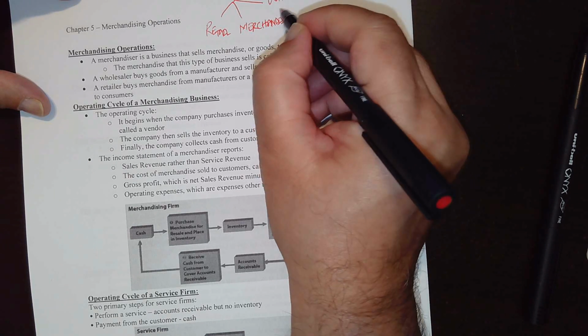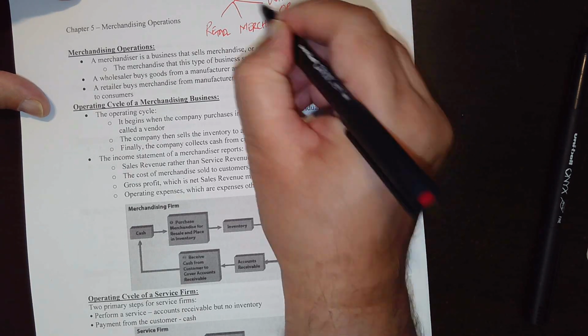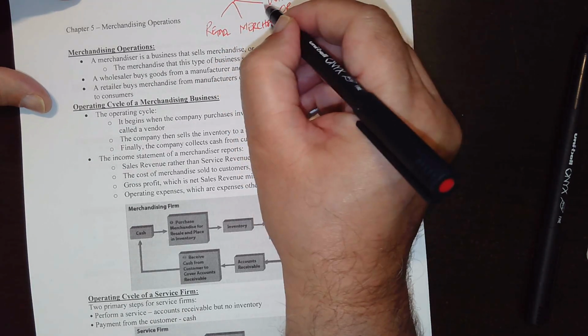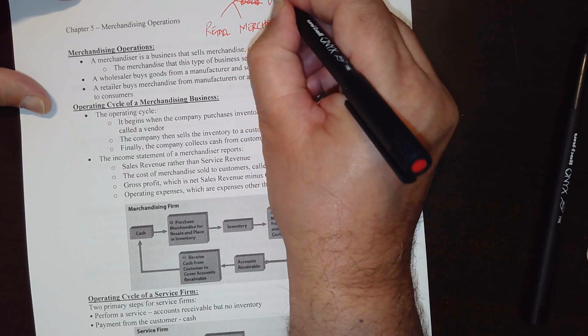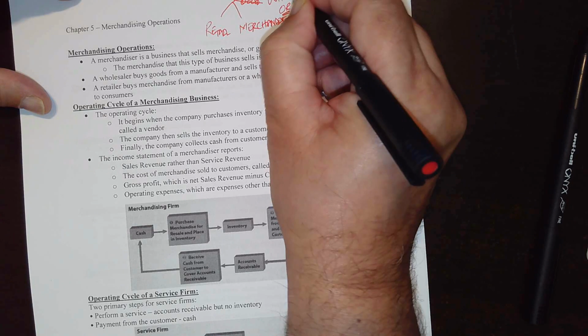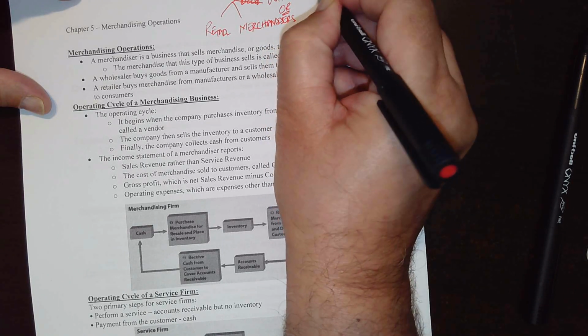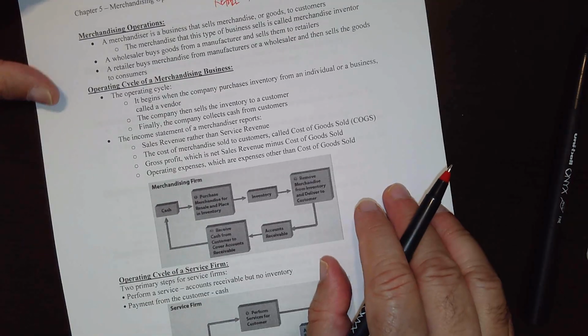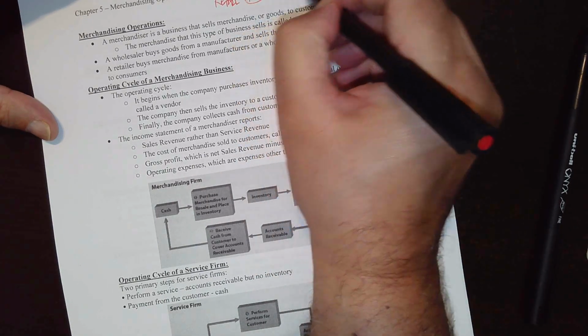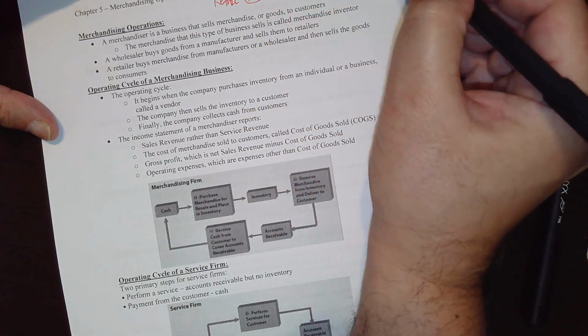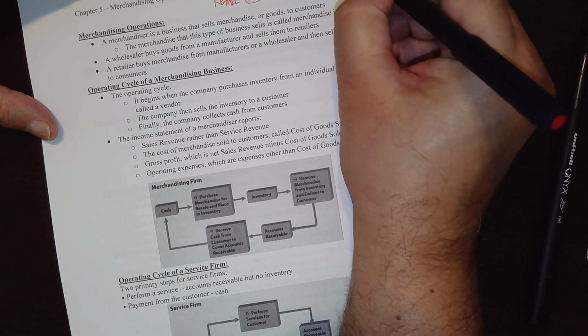These are the same thing, or we have what we call manufacturers. So wholesalers and merchandisers have one kind of inventory.